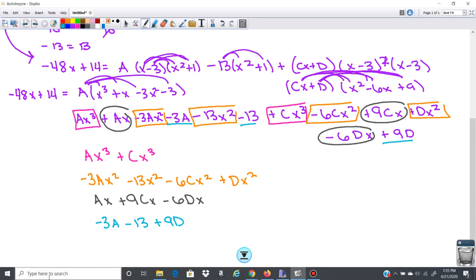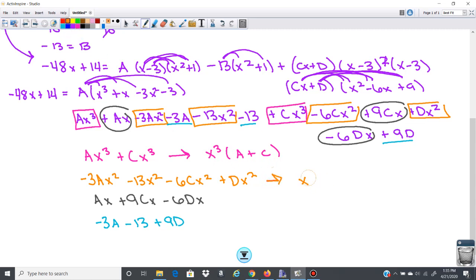All right, so we've grouped everything together. Now what we want to do is take out a GCF from each of these. So if I take out an x cubed here, this is x cubed, and then that is a plus c. Okay, and then the next one here, oh, let me go to the right color.